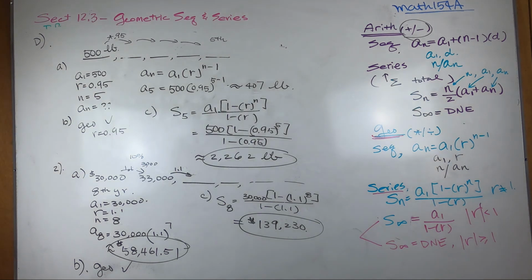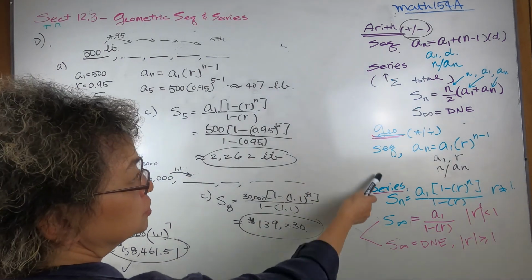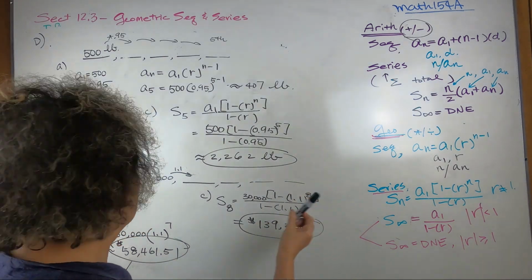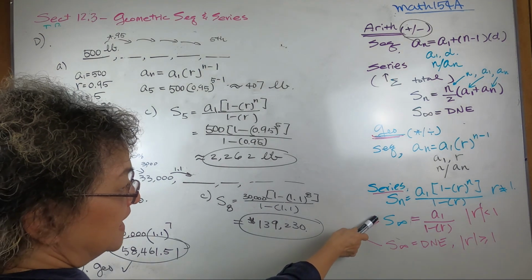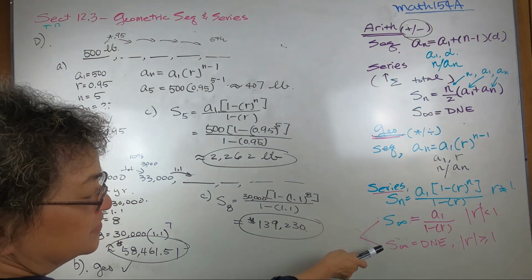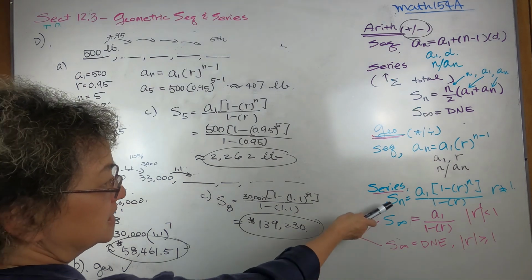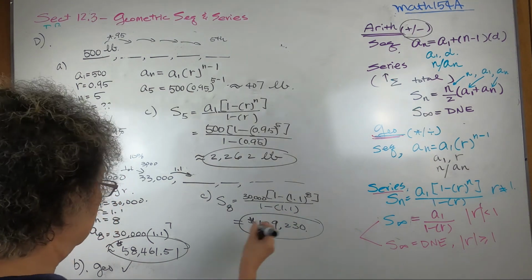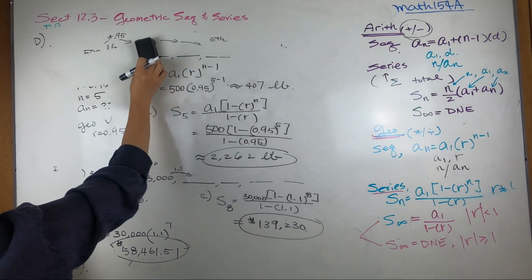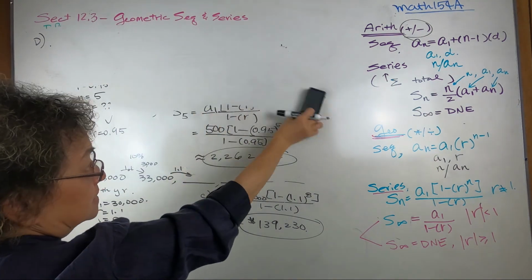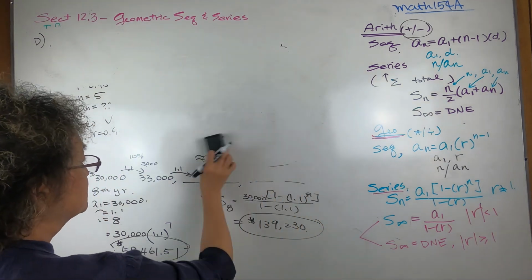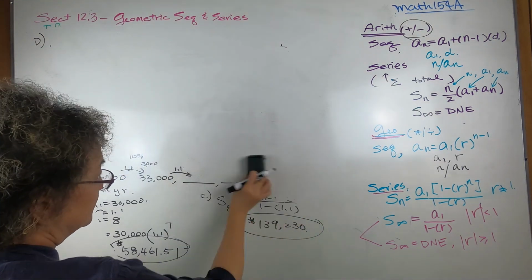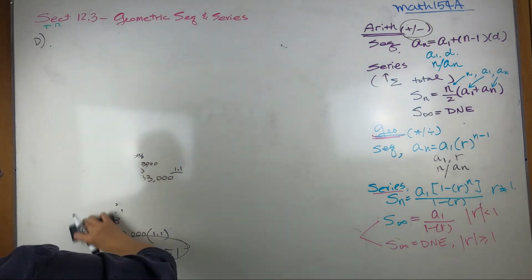Are we good? So we practiced all the geometric sequences and the series. Then for the series, we have finite series and infinite series. Finite series, you should always be able to find the answer. For the infinite series of a geometric series, sometimes you can find the answer and sometimes you cannot.